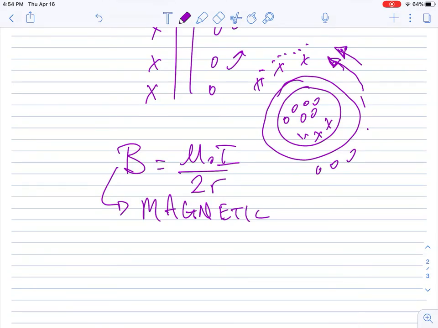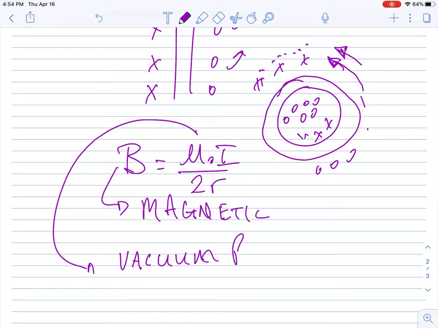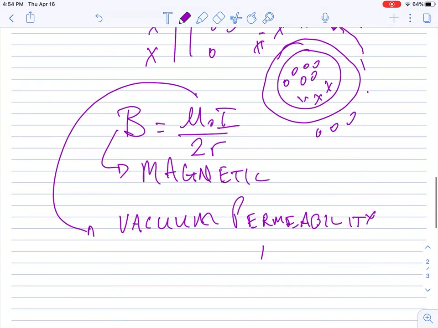So mu naught, if you remember, is your vacuum permeability, and that is 4 pi times 10 to the minus 7th, in Tesla meters over amps. So the magnetic field strength is going to be measured in Teslas.